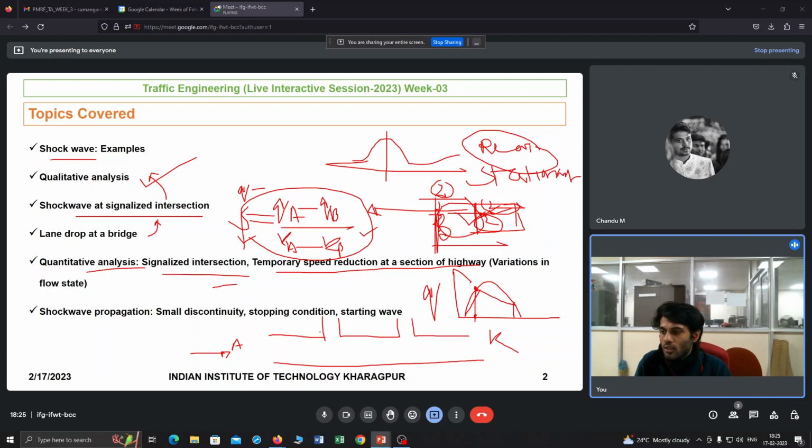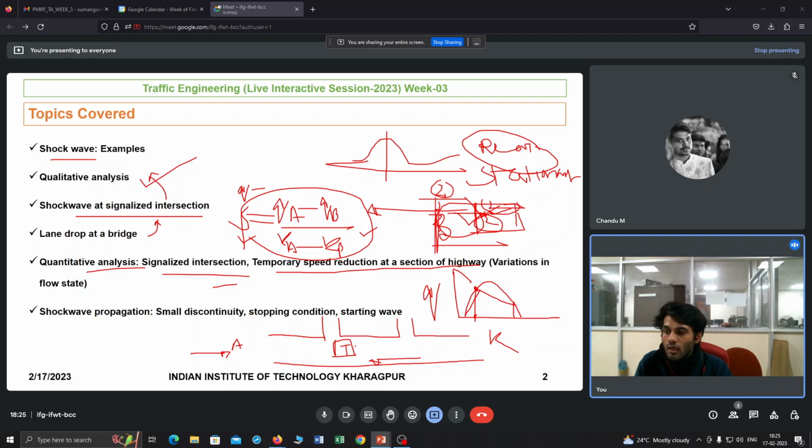Suppose one truck has entered here. This is a truck. As soon as it entered, and suppose vehicles are coming this way also, these vehicles do not have any option of overtaking or passing the truck.